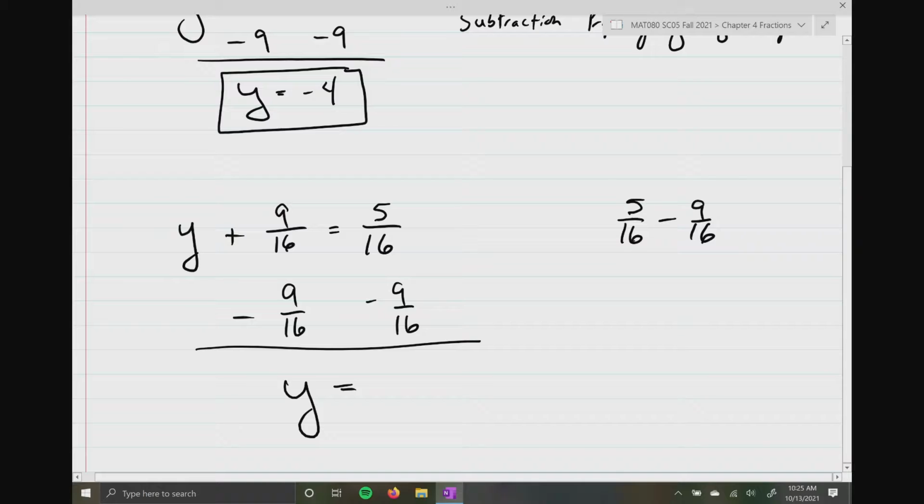And we know when we subtract fractions, we've got to have a common denominator. Well, is it a common denominator? Yes or no? Yes. Absolutely, Autumn. Thank you. So, since the denominators are the same, the only thing we've got to worry about is subtracting the numerators. 5 minus 9 is negative 4. Now, obviously with fractions, you always want to make sure you're completely reduced.